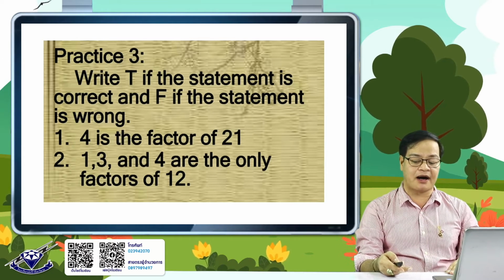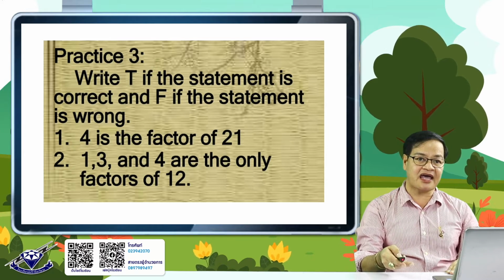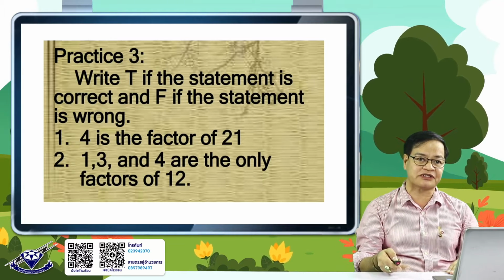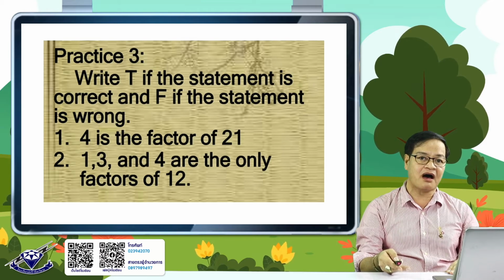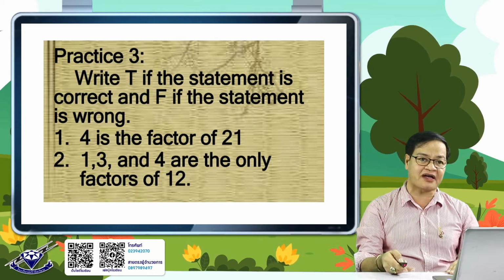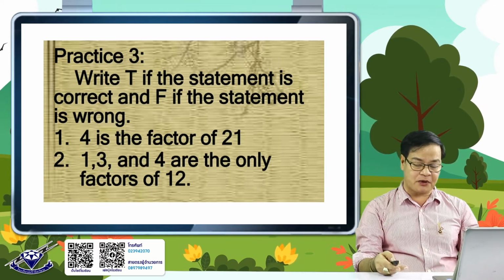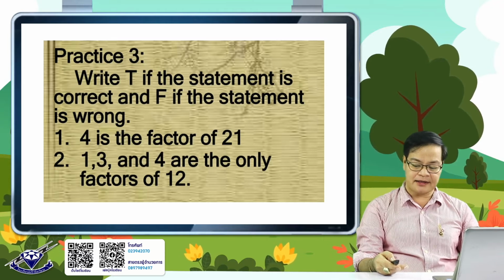Okay, let's proceed to example number 2. We have 1, 3, and 4 are the only factors of 12. Again, the statement is wrong, so you need to write F. Why?